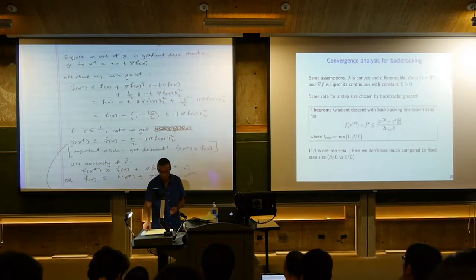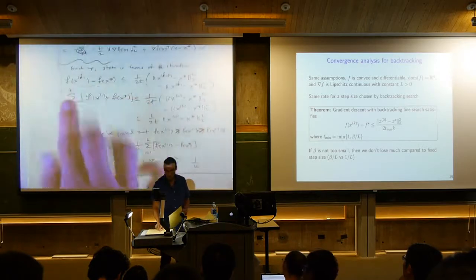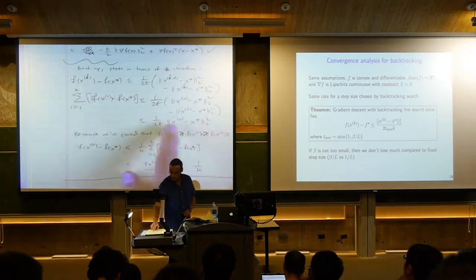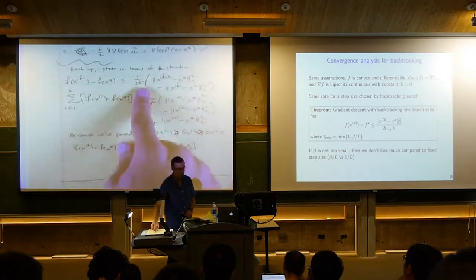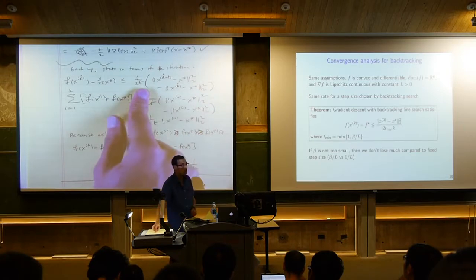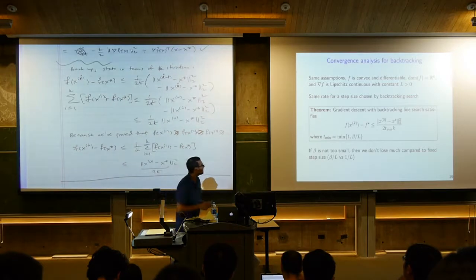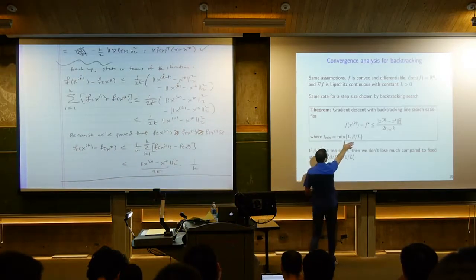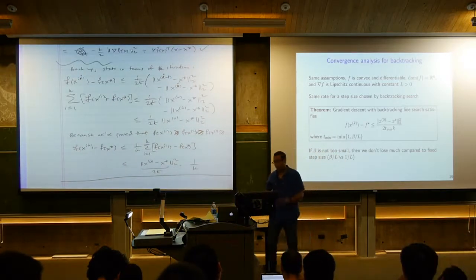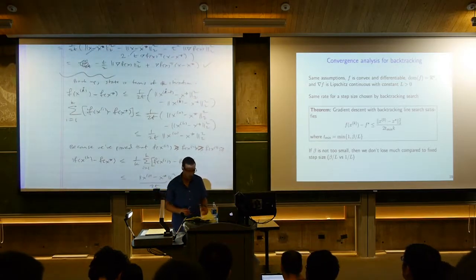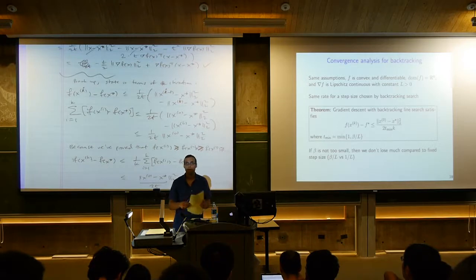So for backtracking, when you think about what happens at an arbitrary iteration in terms of this notation i, the step size that you see here is actually t_i. It's a different step size for each iteration. And to combine them, this is the way that we can bound it. That just happens to be the convenient way to get a final bound on the expression. I think in previous years' notes I have the proof for backtracking in the slides. So you can take a look at that, or people are welcome to stop by my office hours if they want to see more details on that.